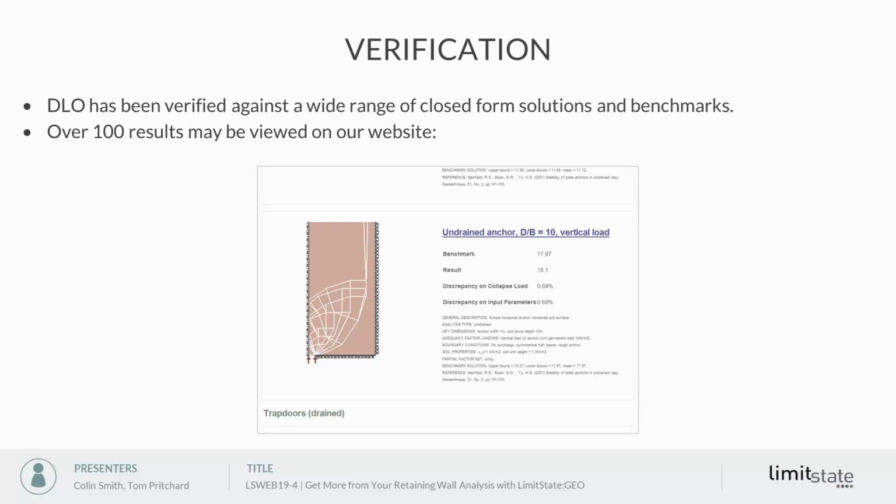We've put about 100 of those up on the website, so you can view a whole range of problem types, from foundations to slopes to anchors to retaining walls, and look at the accuracy that's achieved. What we've got up here is an undrained anchor problem, and the software is getting to within 0.7% of the benchmark result in the literature.